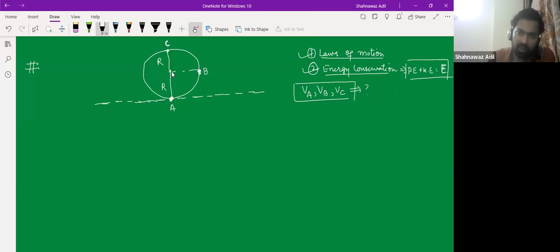What do I have? I know these 2 relations. Let's talk about point A first. At A, first talk about the laws of motion.